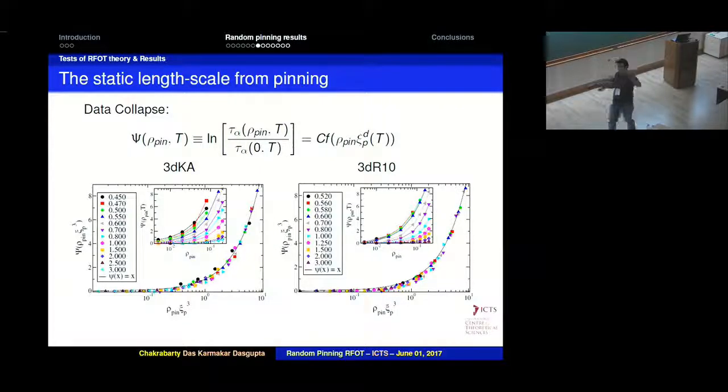So the ratio between the unpinned relaxation time and the pinned relaxation time can be collapsed by this form. And so we have later, so there is a ground for this.